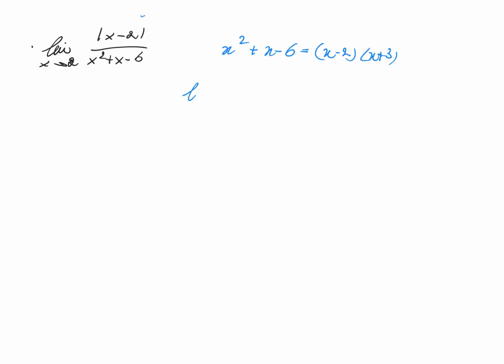So what we do is take the limit of absolute value x minus 2 divided by x minus 2 times x plus 3 for x going to 2, and that with values smaller than 2, and you do the same but with values larger than 2.